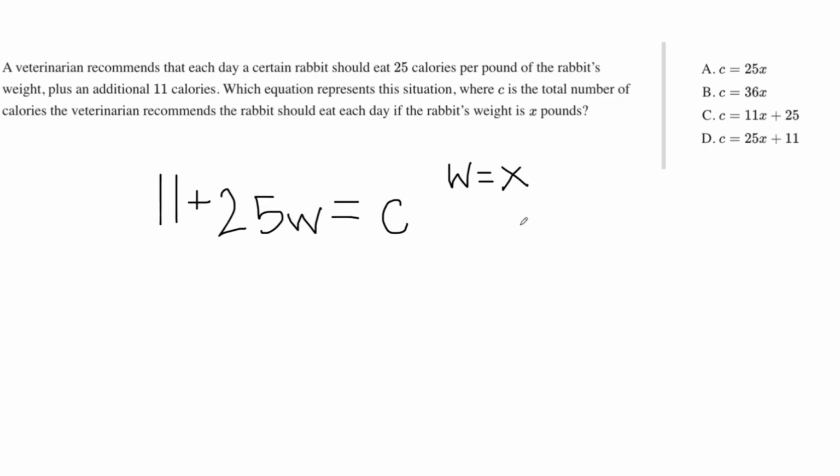So we say W equals x in this case. Looking back at this equation, again, 25 calories per pound indicates multiplication, per pound there, and then an additional 11 calories just on top of that. So we're going to look for an equation that looks something like that. Nope, D, equation D. So that's how you solve that particular word problem.